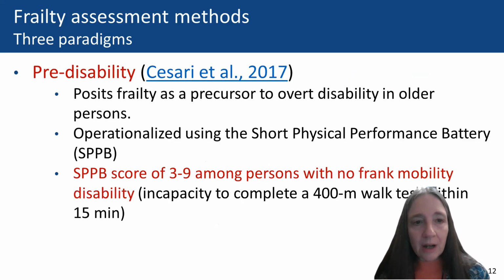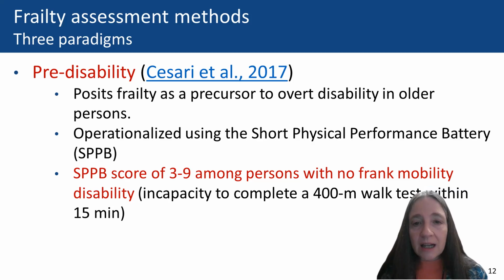A second paradigm, which has arisen really more recently, is the pre-disability paradigm, described nicely by Cesari and colleagues, and really part of the conceptual framework of the SPRINT study. This posits frailty as a precursor to overt disability in older persons, really pre-disability.